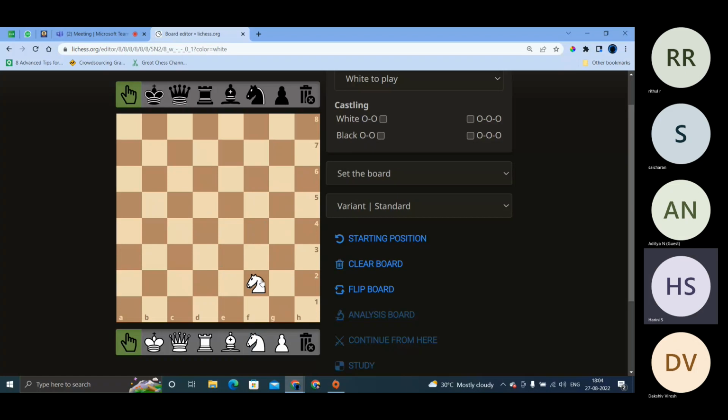Listen to me carefully. Now from here, how does it move? Two steps and take a turn, it will land here. Two steps, take a turn, it will land here. Two steps in the same direction, this direction, so it might land here. Two steps like this, take a turn and land here. Now from here you have to go two steps straight, two steps in the same direction. That is the key.